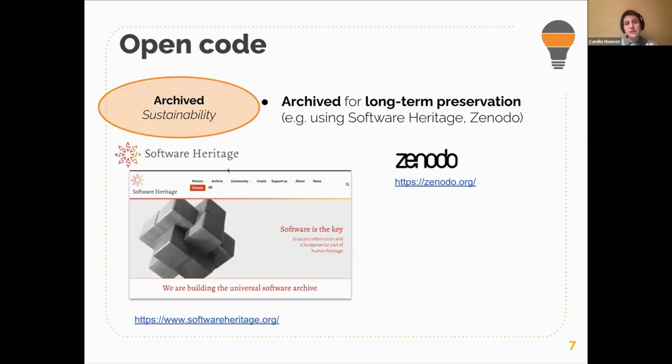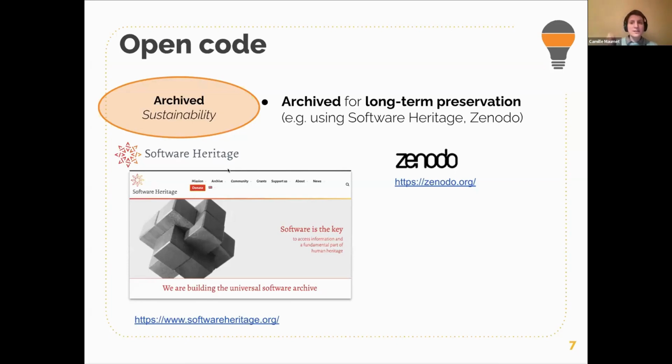And to make sure that it will remain available, we have to rely on archives. There are two archives right now that I think are really easy to use: Software Heritage and Zenodo. They are both directly connected with GitHub. And Software Heritage is trying to build this big graph of all the open source software that is available online.